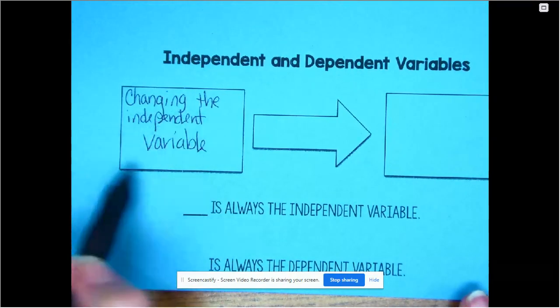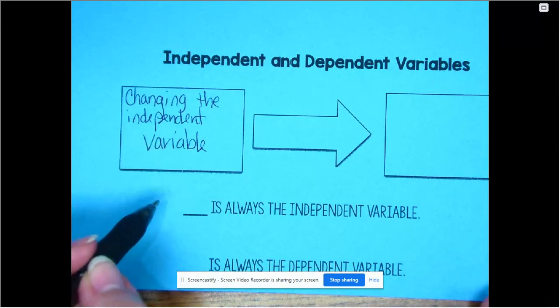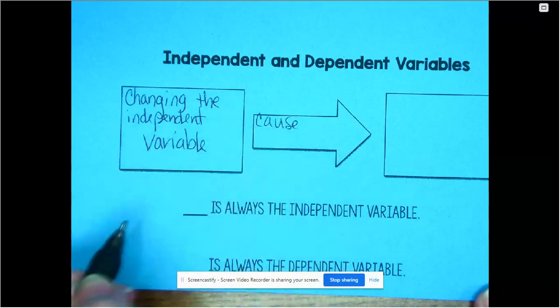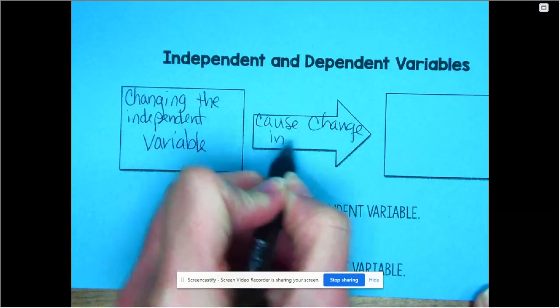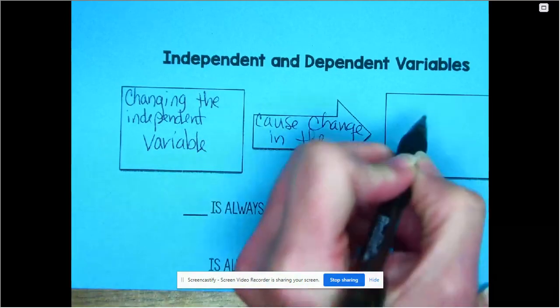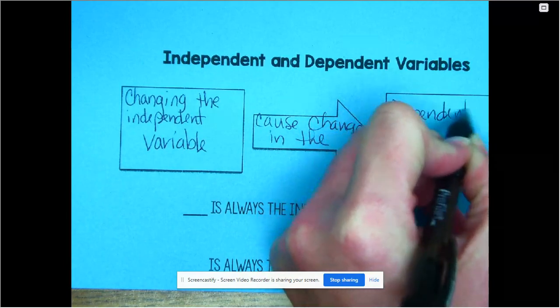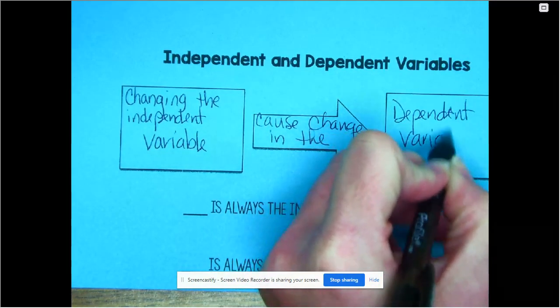So when you or they or whoever changes that independent variable in an experiment, it causes change in the dependent variable.